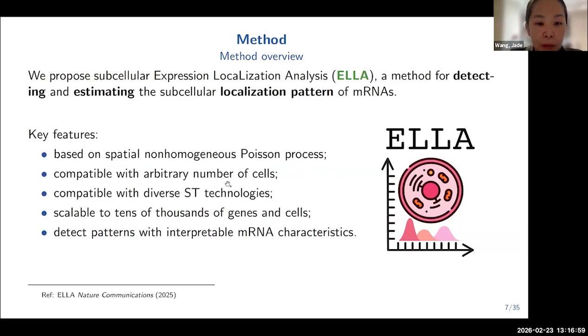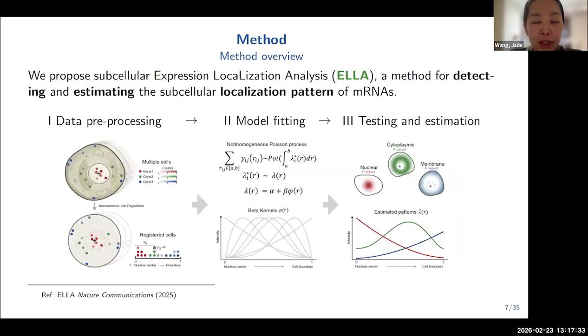It's compatible with an arbitrary number of cells, because in most cases we want to borrow information across multiple cells because of the sparsity. It's compatible with diverse ST technologies because, as we said, imaging and sequencing data actually encode similar information. This method is also scalable, and applying it to real data, we were able to detect interpretable mRNA characteristics.